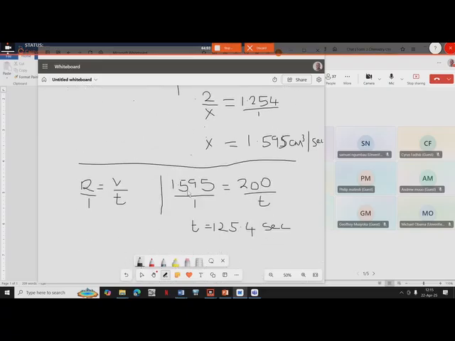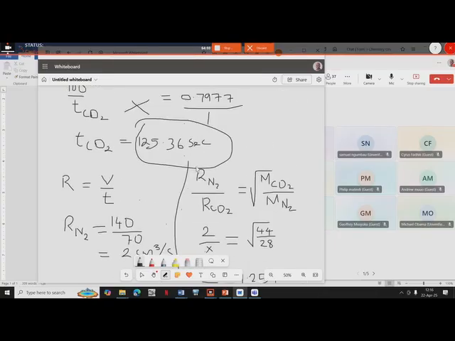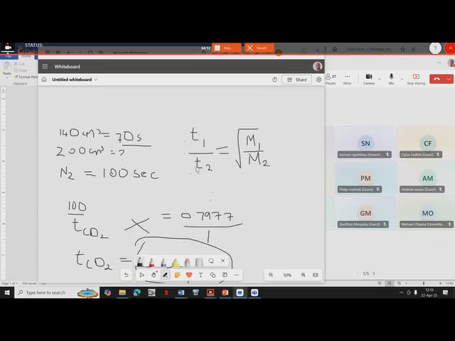Okay. So that's the time taken by carbon dioxide. If you check that and what we had got here, they are almost similar. Only that now this is 125.36, can round off to 125.4. So they are the same.